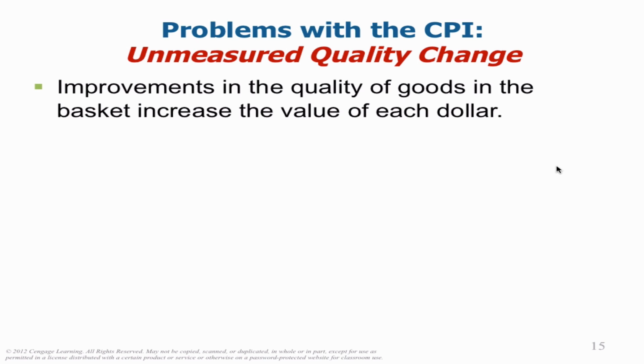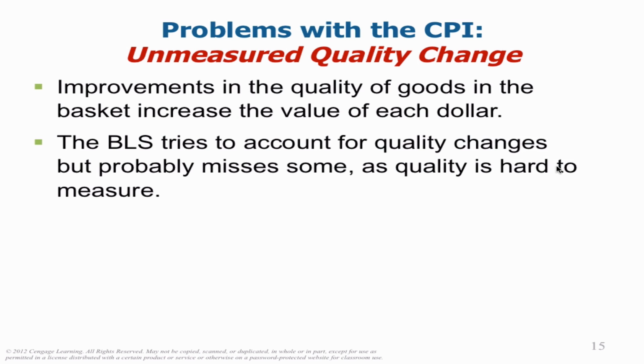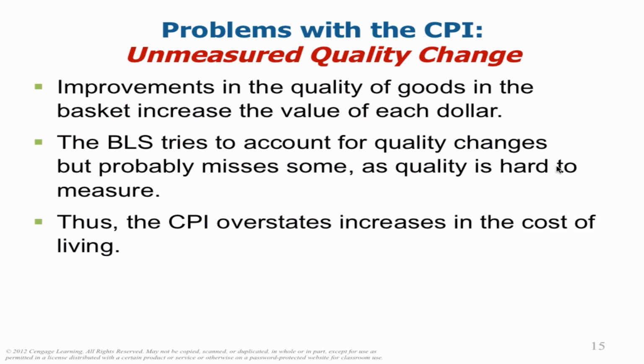So the Bureau of Labor Statistics tries to account for some of that. Quality is hard to measure. So CPI is going to overstate again. It's assuming you're only getting 498 washes out of that jug of Tide instead of 500.